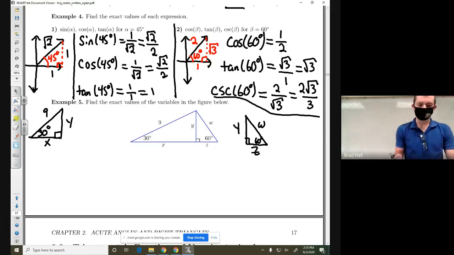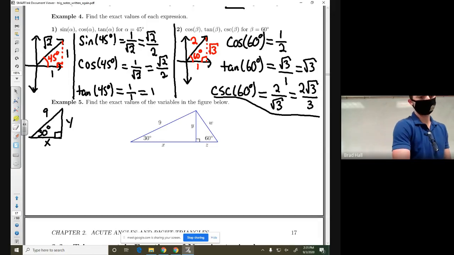One of these triangles is much more helpful than the other. The reason why it's the left one is because it actually has a number. The right one doesn't have any numbers. Let me draw that a little bit larger.